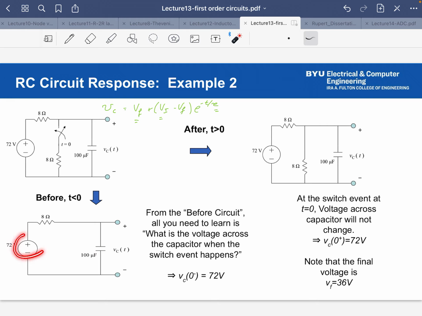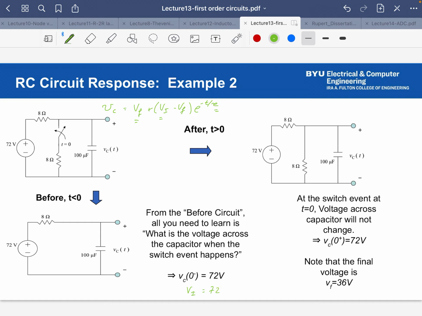So current flows onto the capacitor until it charges up to 72 volts, and then no more current can flow. You'll have 72 volts here, and the current will be 0. So the initial voltage, VI, is going to be 72 volts.